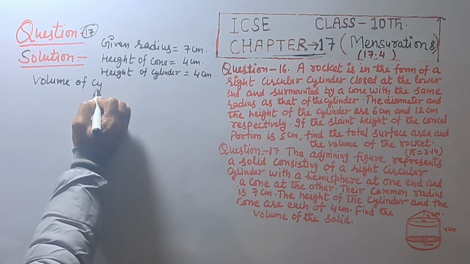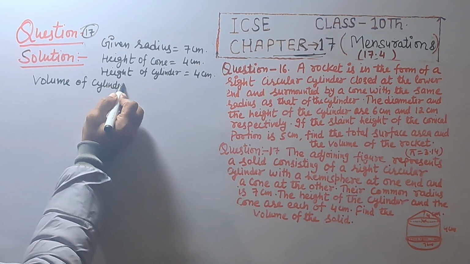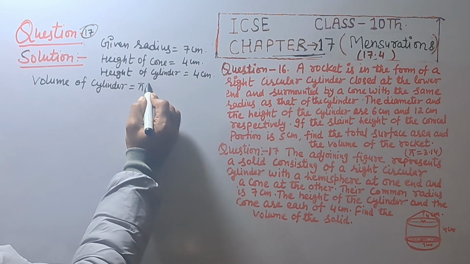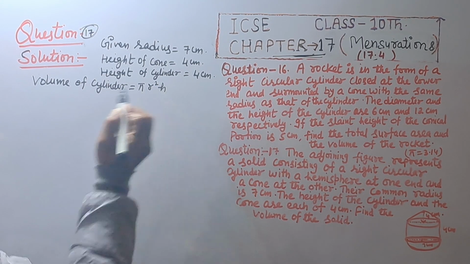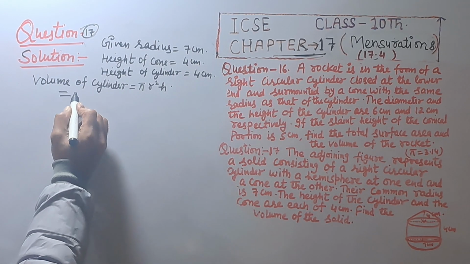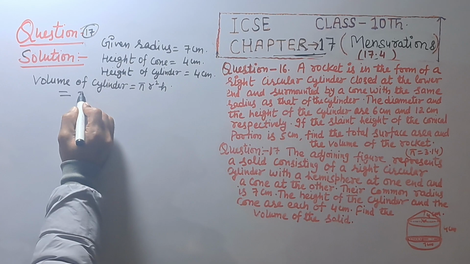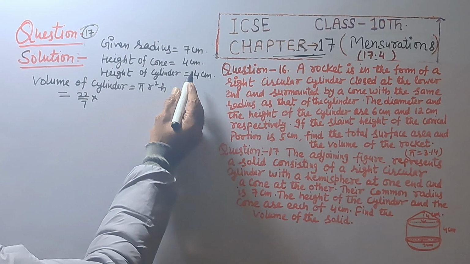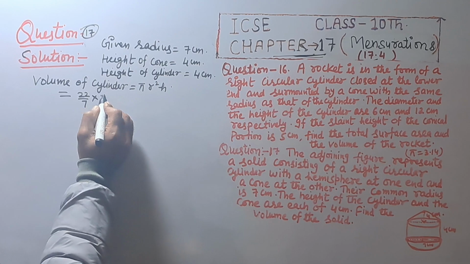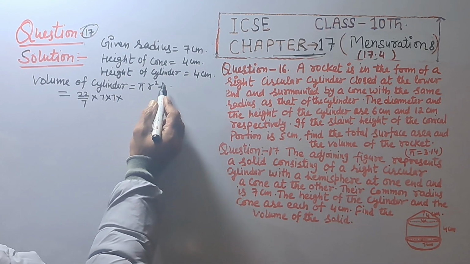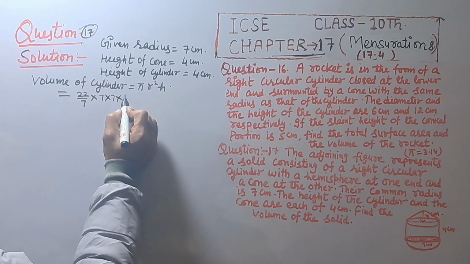Volume of cylinder is equal to pi r square h, equal to pi is 22/7 and radius is 7 into 7, height 4.